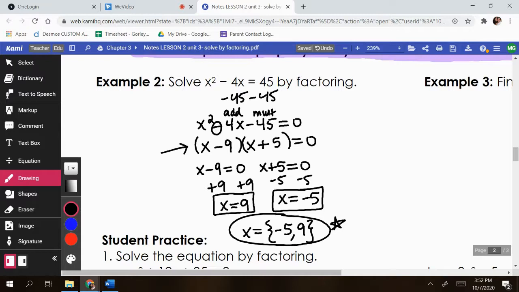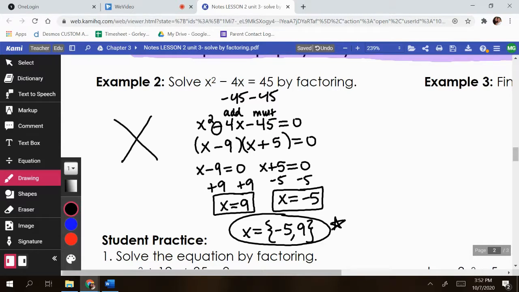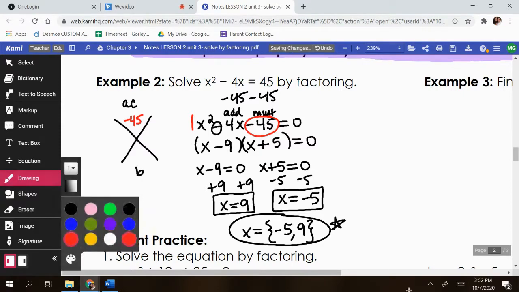Another way that you could have factored this, if you wanted to use the x method, is that we would put the AC on top. A is 1, C is negative 45. So if I multiply those, we get negative 45. We're going to put the B on the bottom. B, if I look at this, was negative 4.